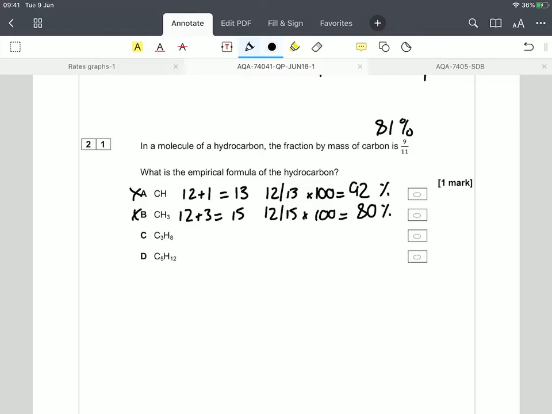Okay, so it's not that. 12 times 3 plus 8, so that's 44, right? Sorry, it'd be 36 over 44, because it's 3 times 12 if you're wondering, times 100. That's 9/11, yeah, 81%, there we go. It's that one. So we won't bother with that.